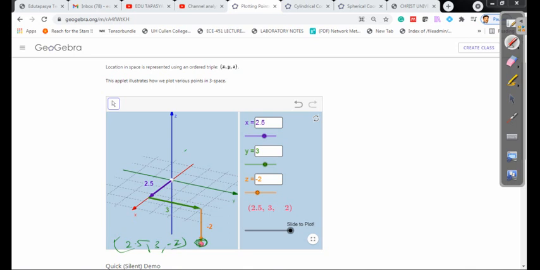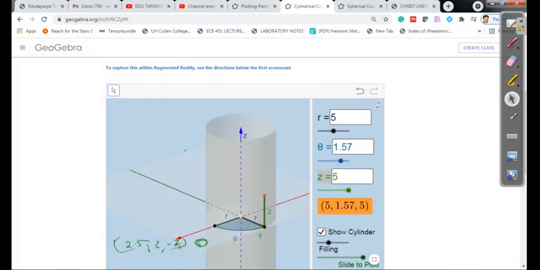Now let us move on to the cylindrical system. Let me erase this first. In the cylindrical system, here I have taken 5, 1.5 and 5. This 1.5 corresponds to pi by 2.